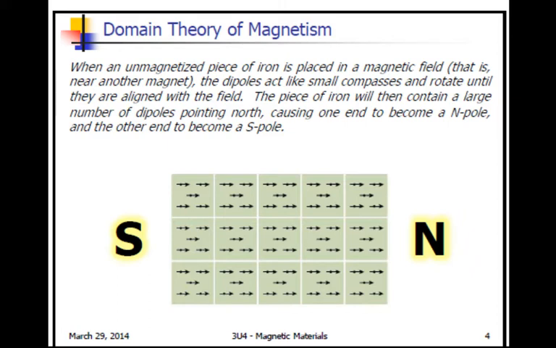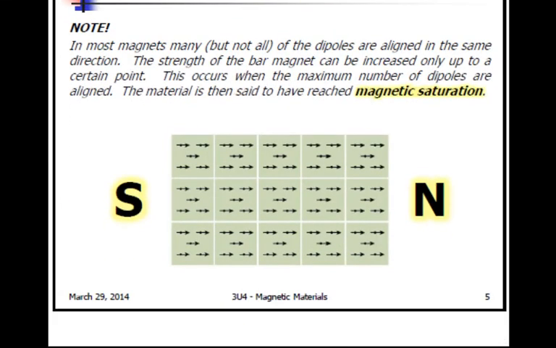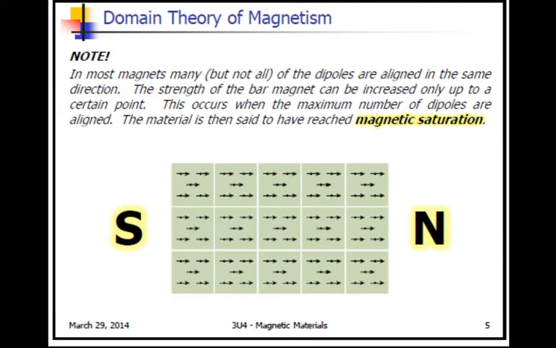So we magnetize a ferromagnetic material by orienting its dipoles all in one direction. We could reach the maximum number of aligned dipoles, and that's a situation we call magnetic saturation. That's when a material is at its maximum magnetized strength. It can't be magnetized any further.